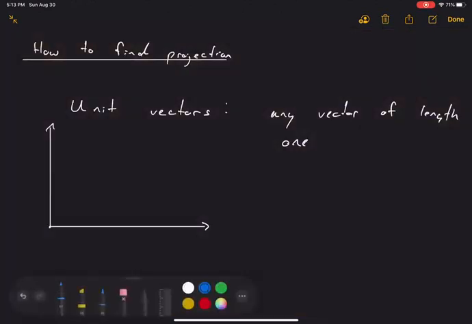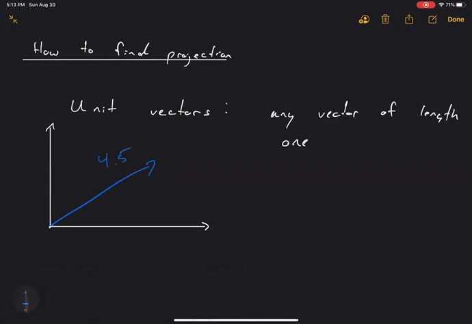Let's say I have a vector v, and let's say it's like 4.5 units long. Well, there's a unit vector in that direction, right? There's a vector that's pointing in that direction that has length 1, right?